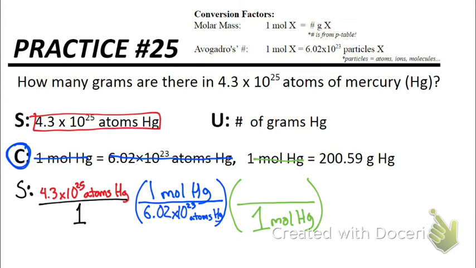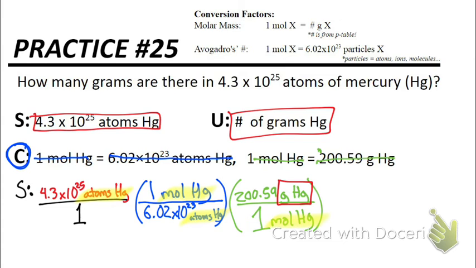Well, we've already used this half, so we have to use the other half. 200.59 grams of mercury goes on top. If you pay attention closely, you'll see that atoms on top cancels with atoms on the bottom. Moles on top cancels with moles on the bottom, which leaves us with grams of Hg, which is what we are trying to find.